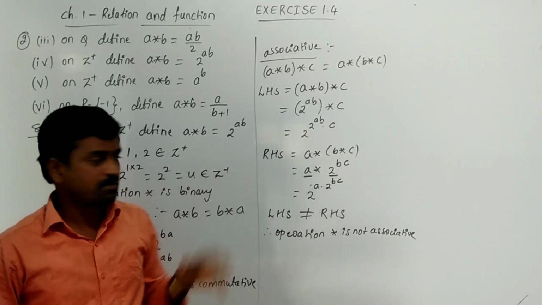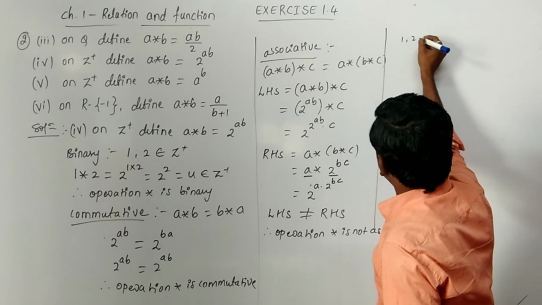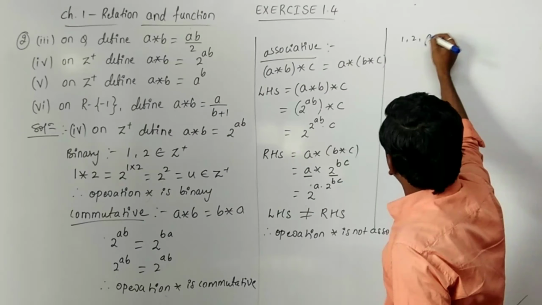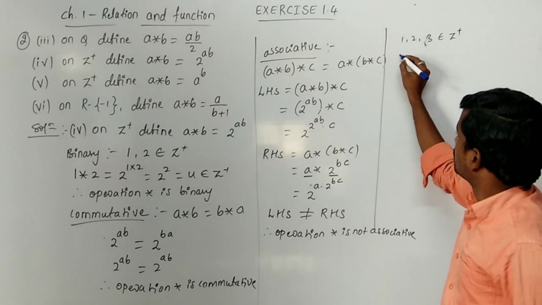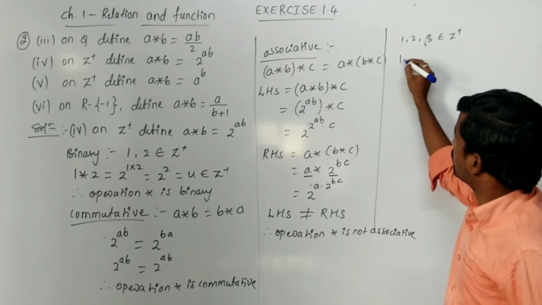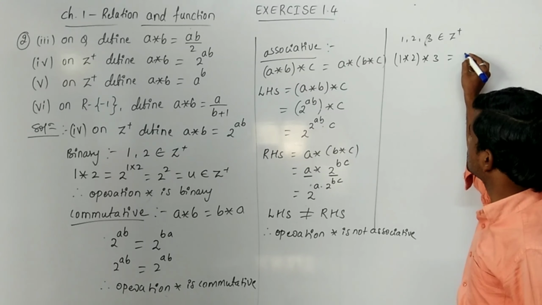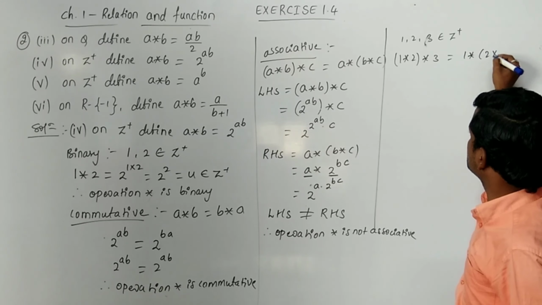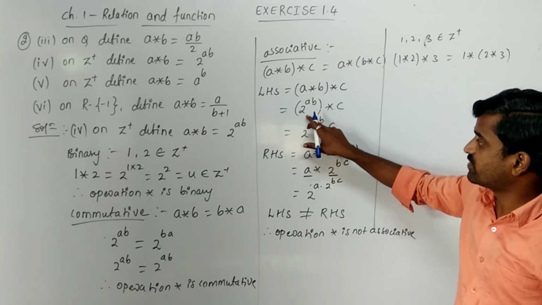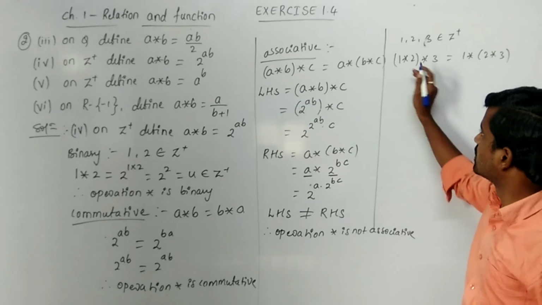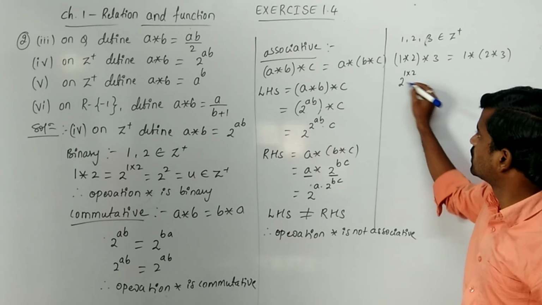Take the example 1, 2, 3, which belong to positive integers. LHS: 1 star 2 star 3. a star b is defined by 2 to the power of a into b. 1 star 2 is 2 to the power of 1 into 2.